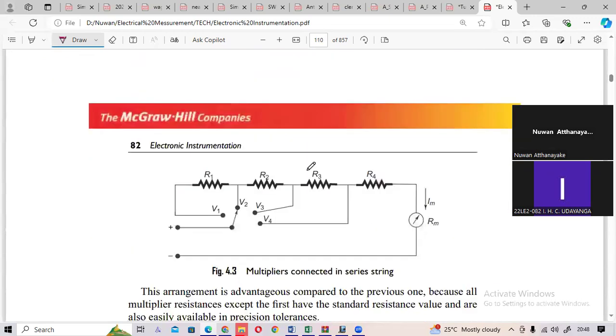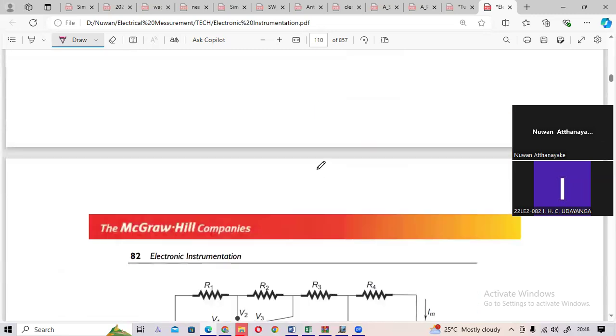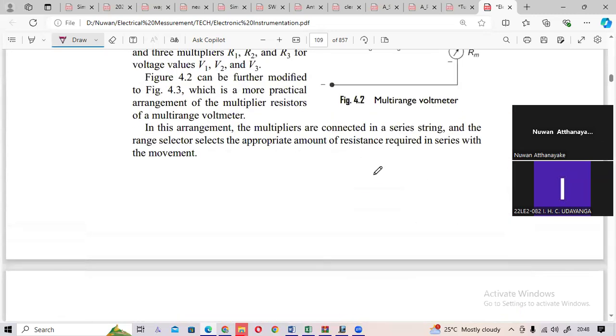Here also, DC voltage you can measure, and using a full bridge rectifier and then the Diasono setup, you can measure the AC volt also.